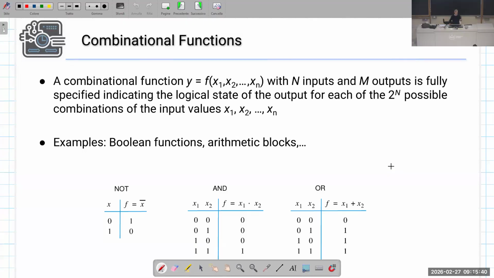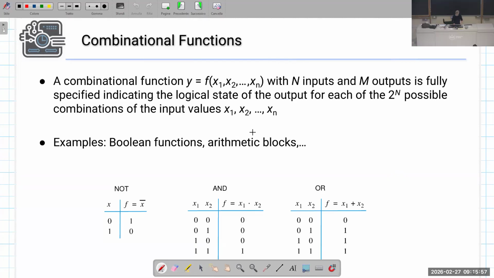So if we have a combinational system with many inputs, we can fully specify its behavior if we provide the value of each output for each specific combination of the values of the inputs.